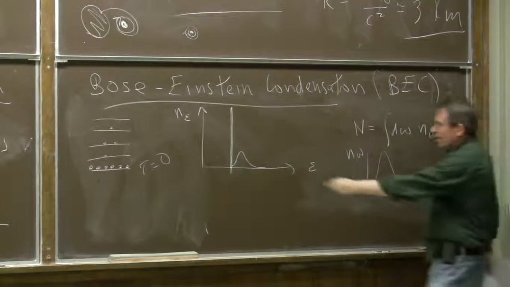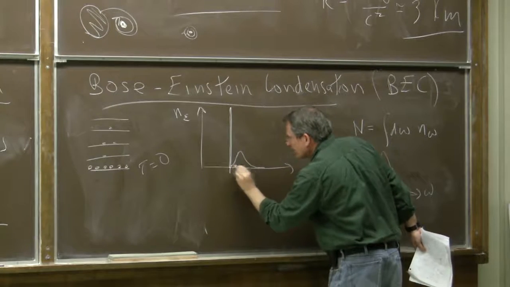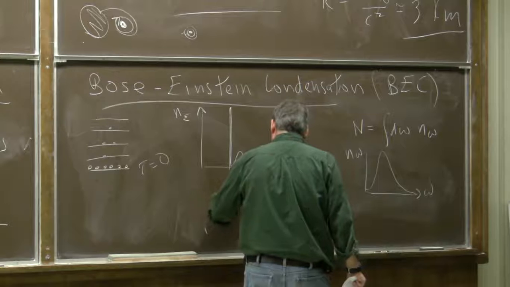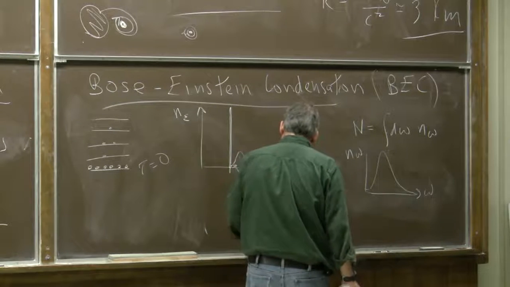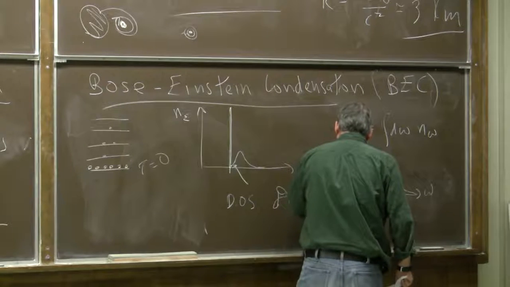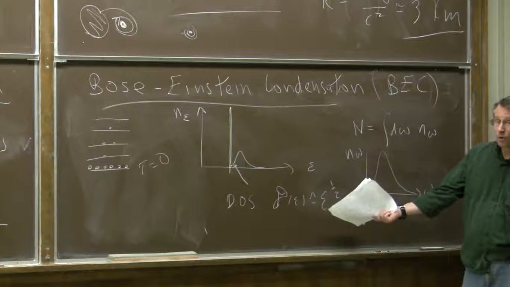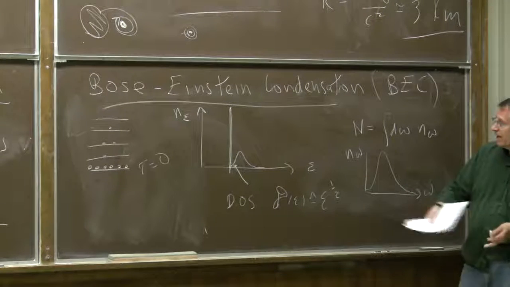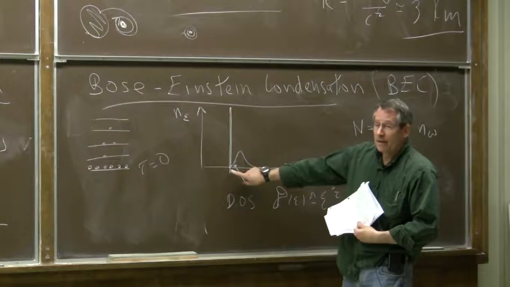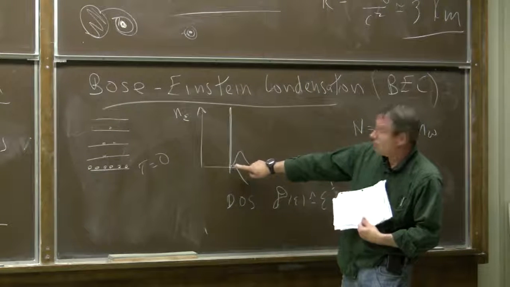And what's happening here is there's suppression because of the density of states factor. Remember, the density of states or density of orbitals, D of epsilon, goes like energy to the 1/2. And so the number of orbitals per unit energy is suppressed by that e to the 1/2 at low energy. So that's what's happening here, where we're looking at excited orbitals, which are close to the ground orbital.